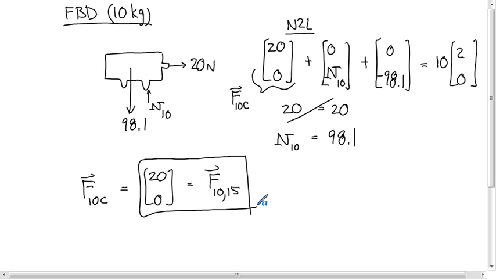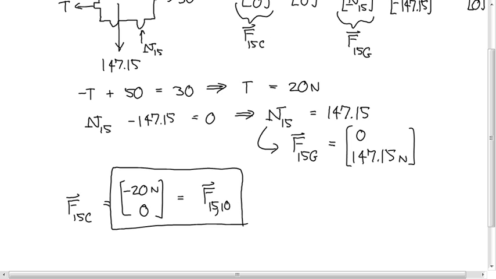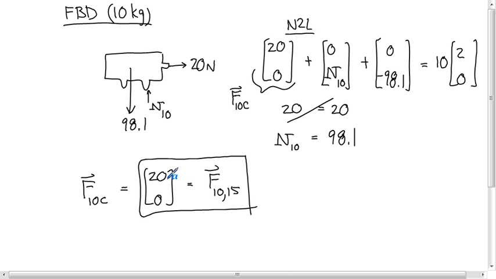I just want to point out the relationship between the force on the 10 by the 15 and the force on the 15 by the 10 that we just calculated in the last step. They have the same magnitude and opposite directions.